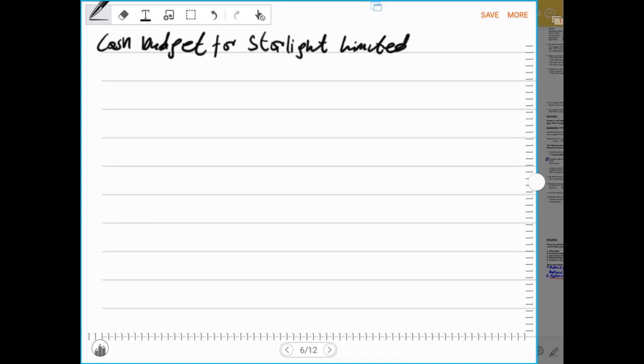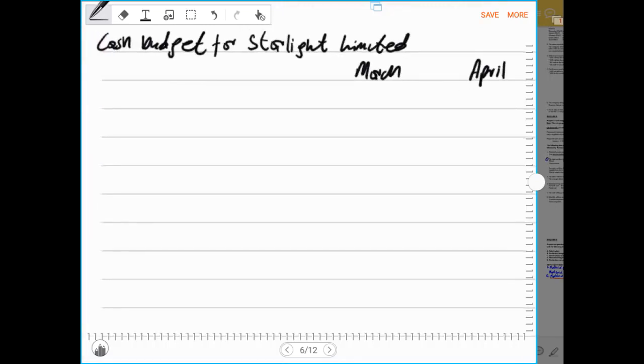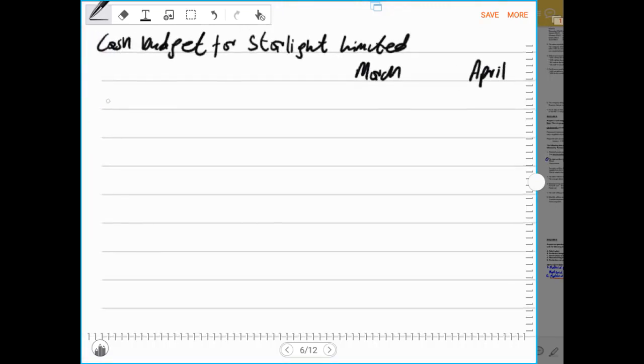And this cash budget is for the 2 months, which is March and April. It is for March and April. And we have an opening balance. Opening balance. And our opening balance was 12,000.